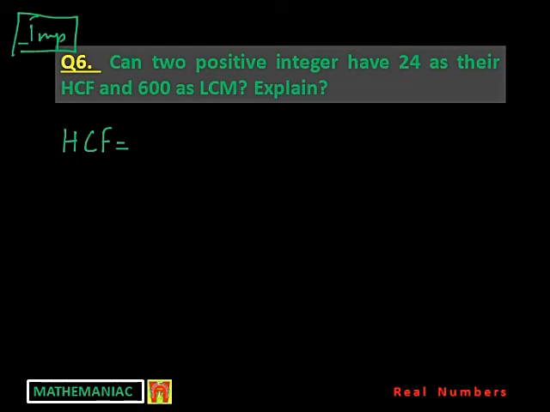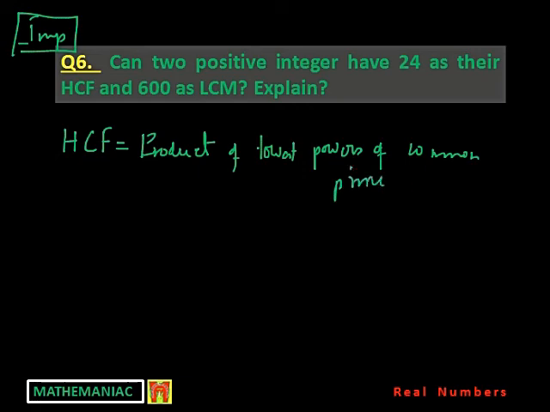HCF, when you found it by prime factorization, you dealt with what? You dealt with the product of, you can go back to the slide and see, the product of lowest powers of common prime factors. Remember it. I am emphasizing common prime factors.